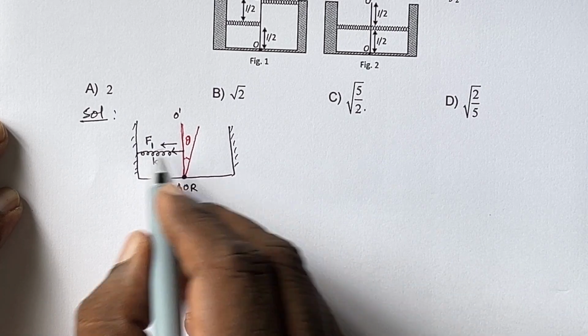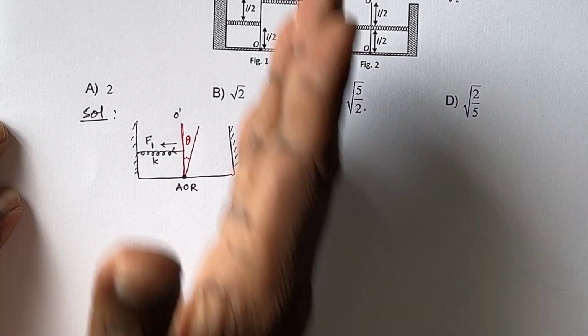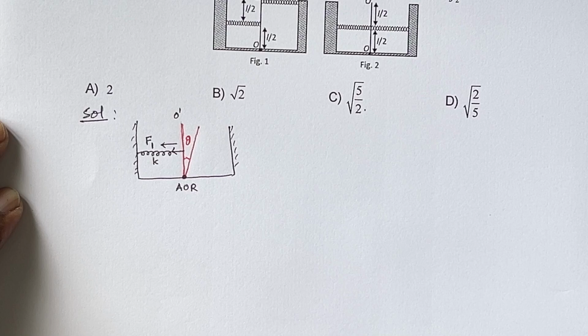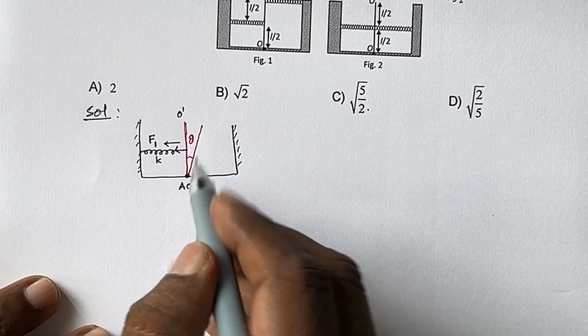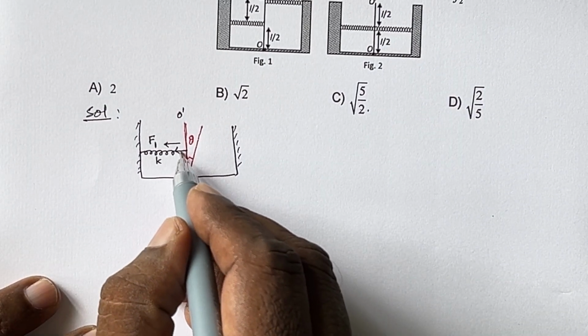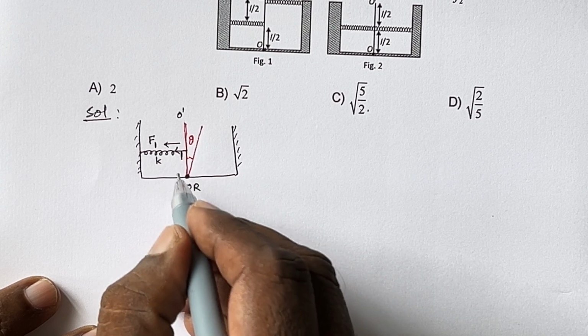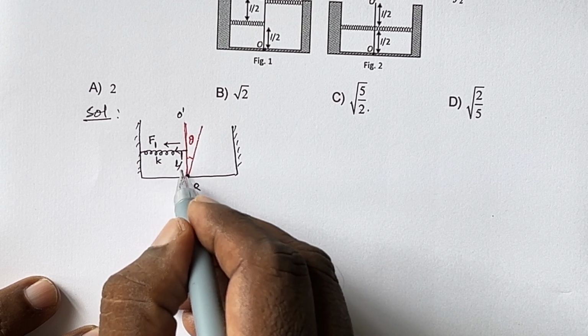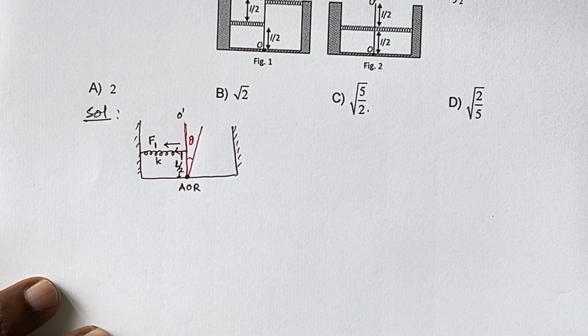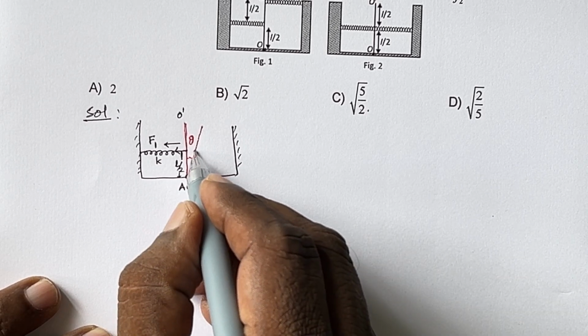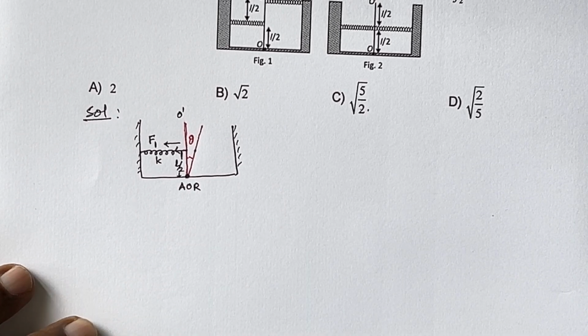Whenever the force acts in this direction, it will turn back. The perpendicular distance from the axis of rotation to the point of application of force is L by 2, because it is fixed at the middle.